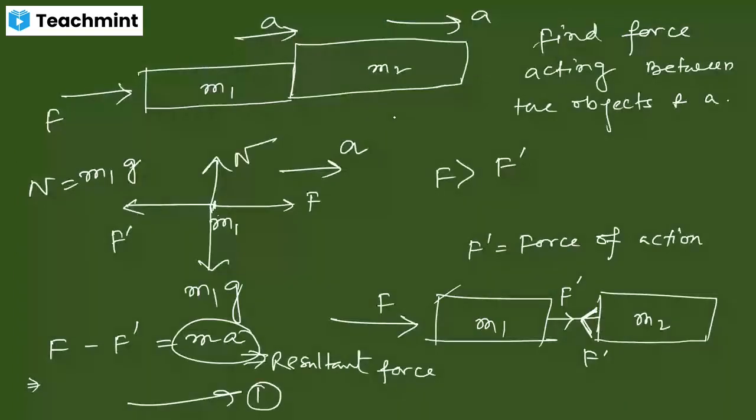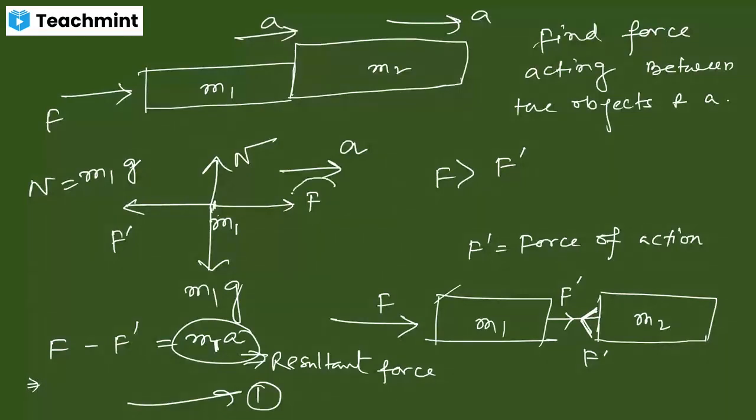Sorry, here also it should be m1 into a, because in the previous case I discussed the object m1. So please make it correct. This is F minus F dash, this is equals to m1 into a. Why have I written this expression?